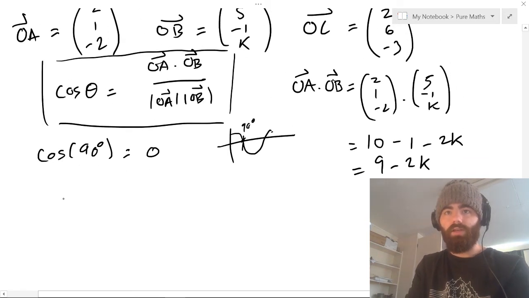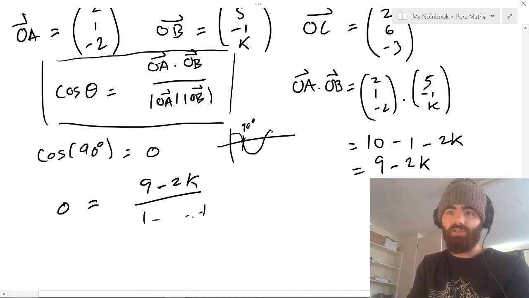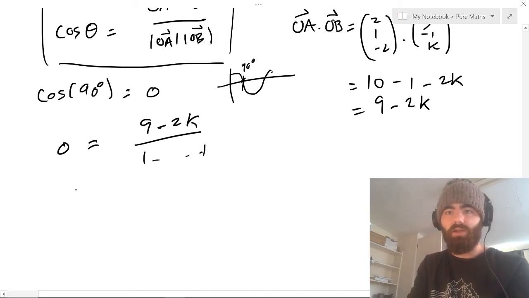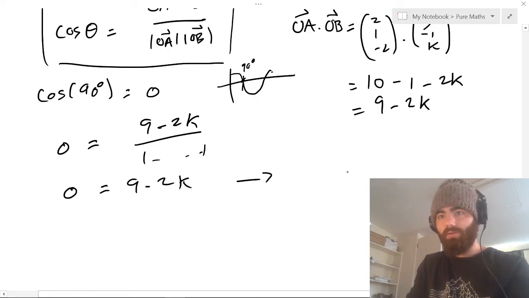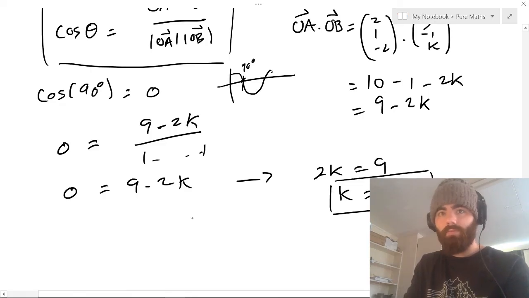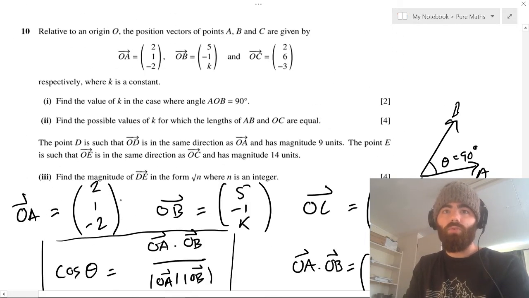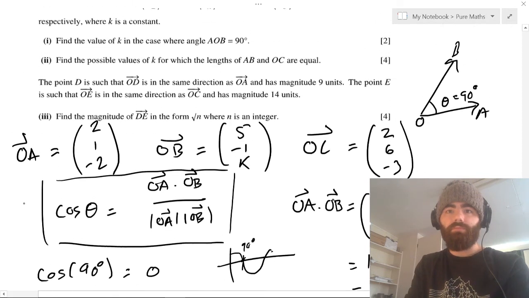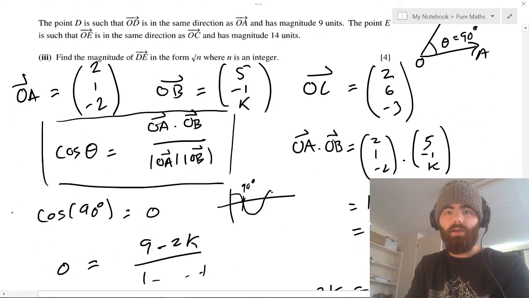So you get 0 equals 9 minus 2k over whatever this is here. But when you multiply this across, it's going to be 0. So 0 equals 9 minus 2k, which gives you 2k equals 9. So k equals 4.5. Cool. So that's part i.